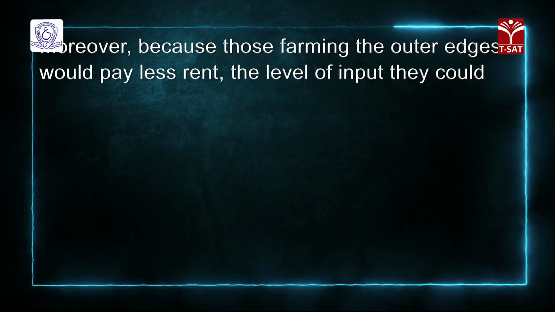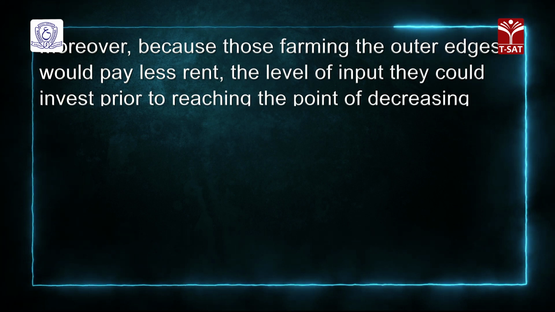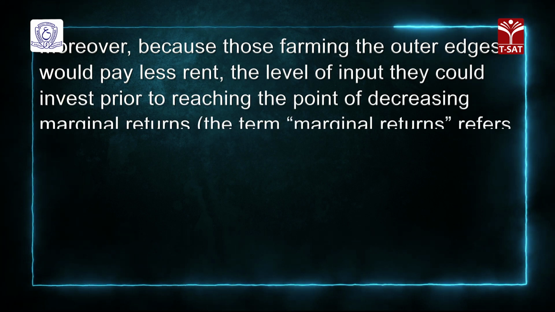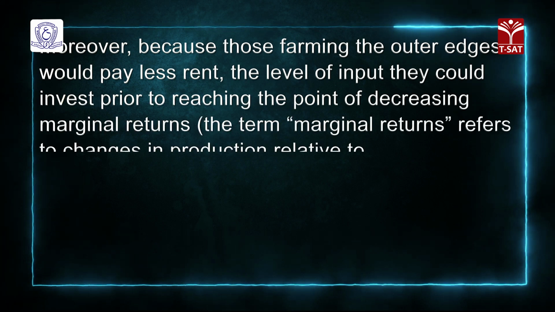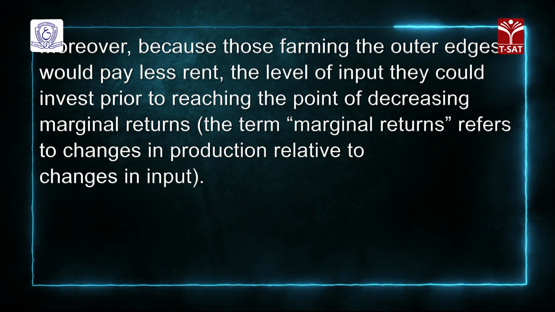Moreover, because those farming the outer edges would pay less rent, the level of input they could invest prior to reaching the point of decreasing marginal return, in other words, we can say marginal returns refer to change in production relative to change in input.